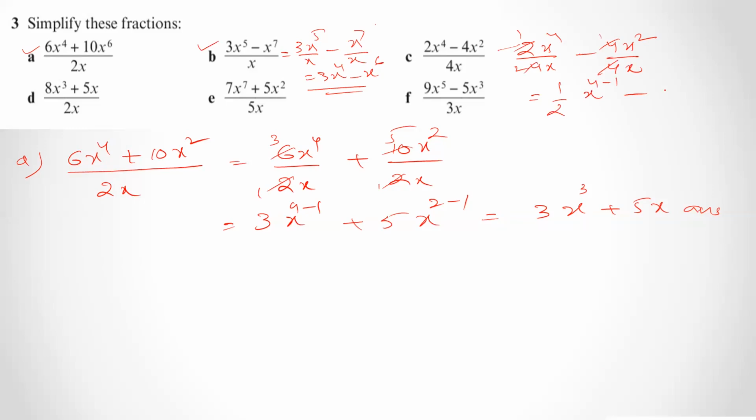We don't write x power 1. So it becomes 1 by 2 x power 3 minus x, because 2 minus 1 is 1 and we do not write 1 in the indices. So this will be the answer for C part.